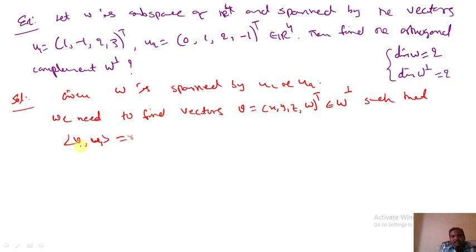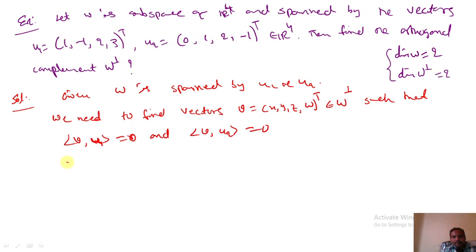You can say it is orthogonal to every vector in the subspace W of R4, which is spanned by u1 and u2, so v comma u1 is 0 and v comma u2 is also 0.